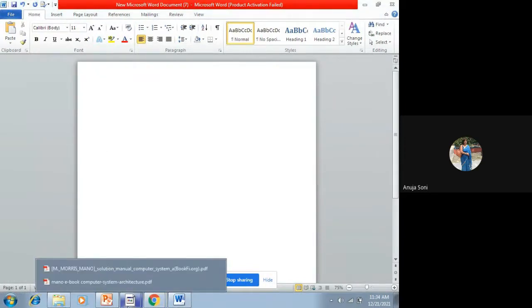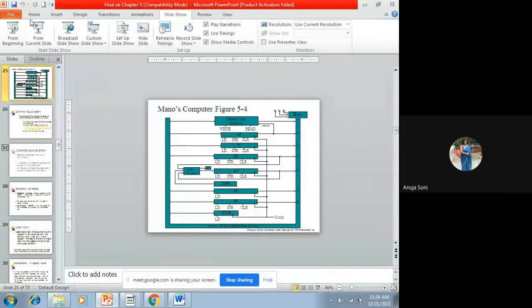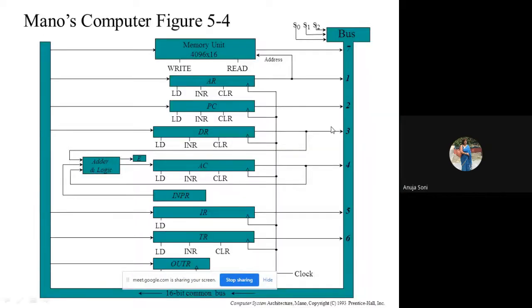You can see in the context of the diagram, it is S0, S1, S2. It seems S0 is the most significant bit and S2 is the least significant bit. And I can go back to the e-copy of your book as well. At present, what is visible to you is S0, S1, S2.